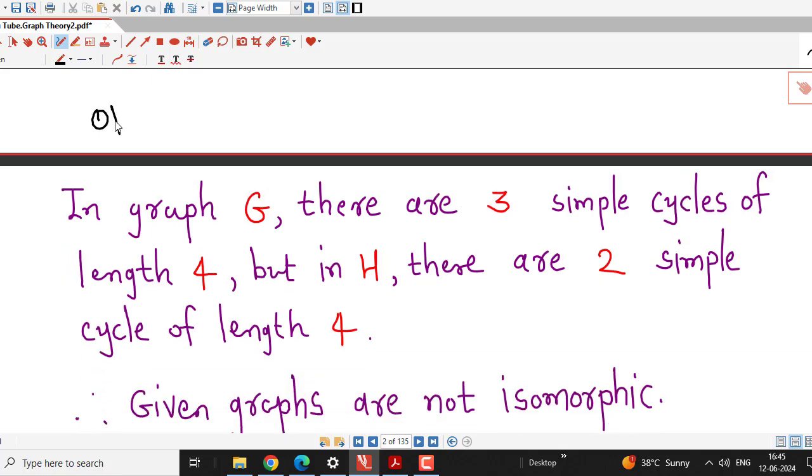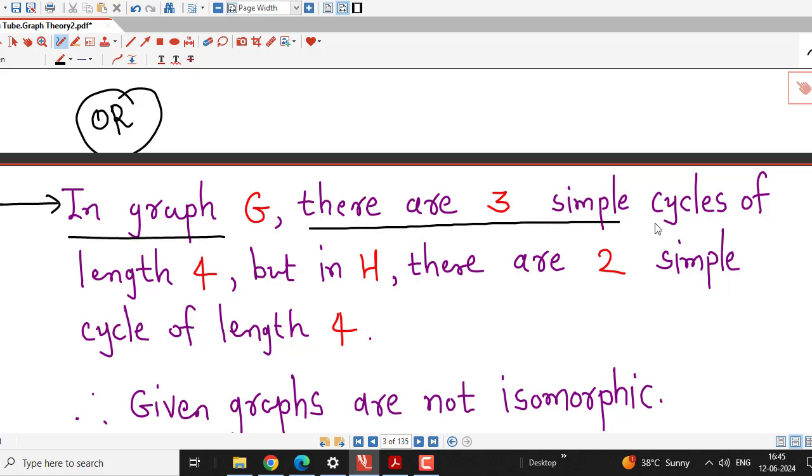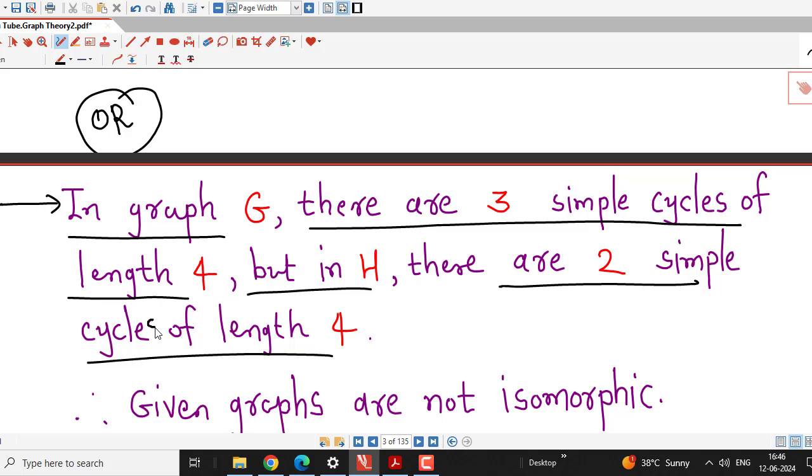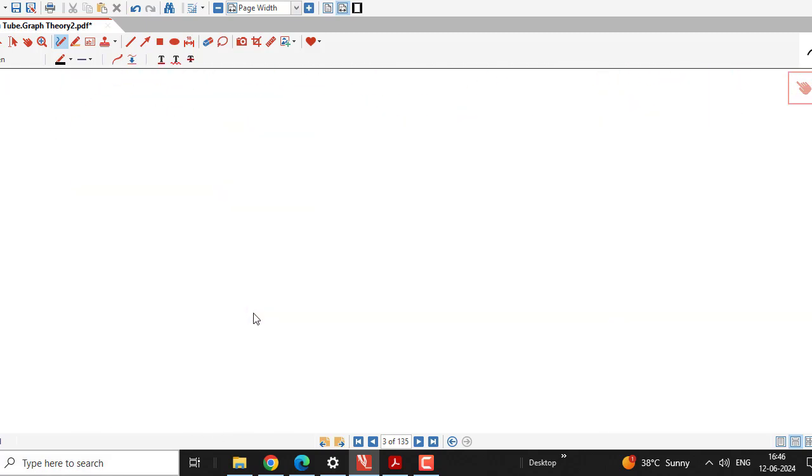So you can write using this criterion of cycles also: in graph G there are 3 simple cycles of length 4, but in graph H there are 2 simple cycles of length 4, therefore the given graphs are not isomorphic.